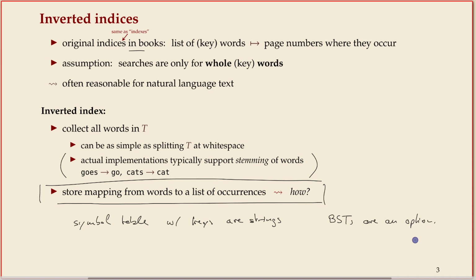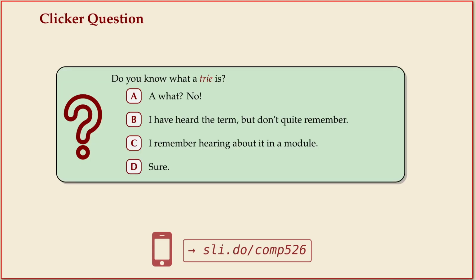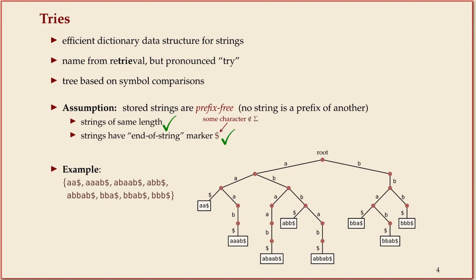It's an option, but we can do better. And one way to do better is these tries. The reason why they can do better is that they exploit that we have strings. The binary search trees would have to work with any kind of data, whereas we can now exploit that we have strings as keys.